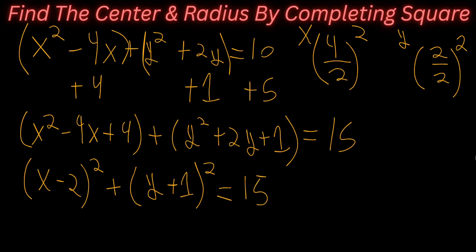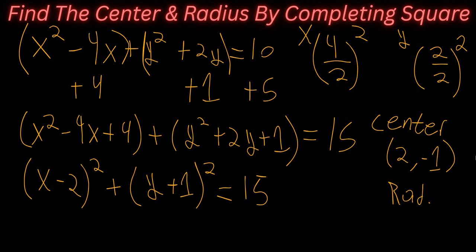Now we've accomplished our objective of finding standard form. We can simply read the standard form equation to find that the center is at 2 and -1, and our radius is again the square root of 15.